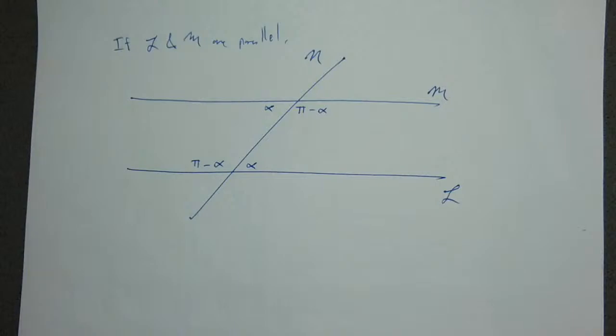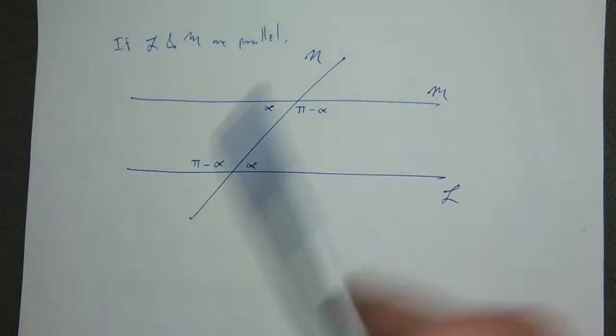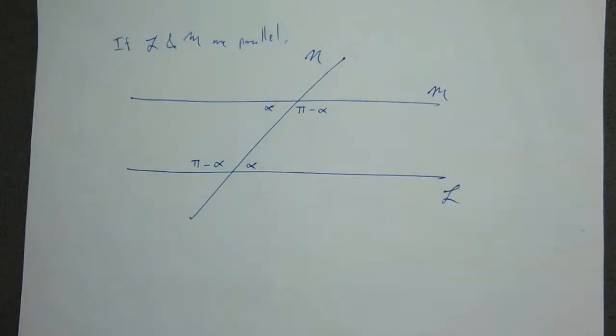And it turns out that when L and M are parallel, there's this configuration of a third line cutting across them. Alternate interior angles are congruent. Okay. This fact is equivalent to the parallel postulate. All right. So, what's another thing that I can get from this?